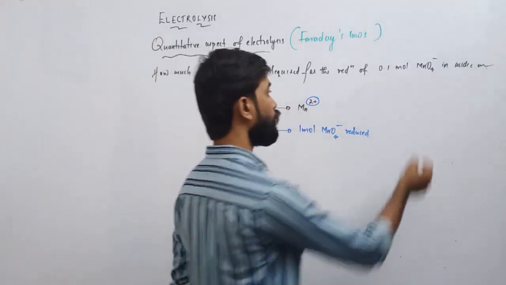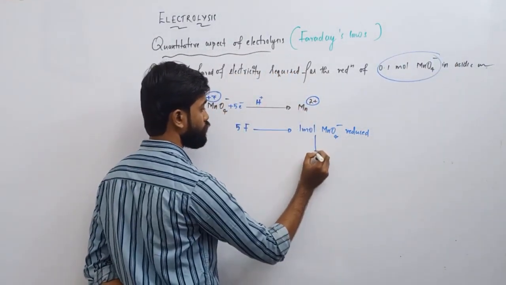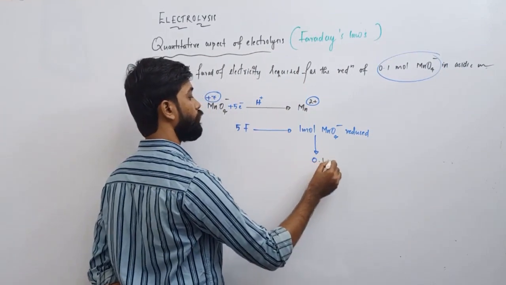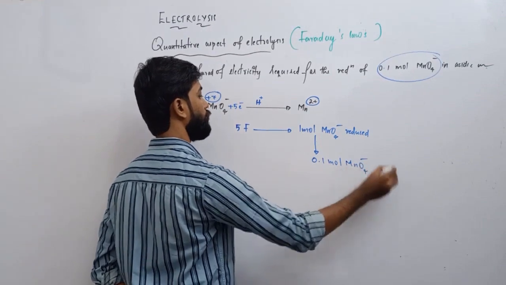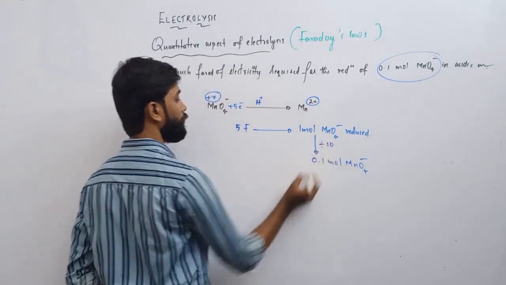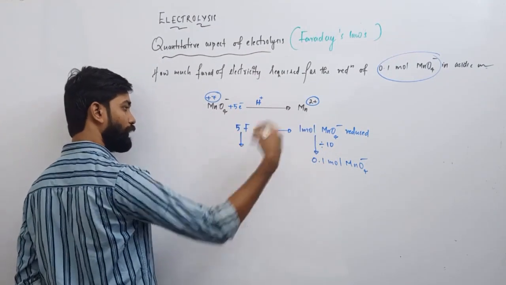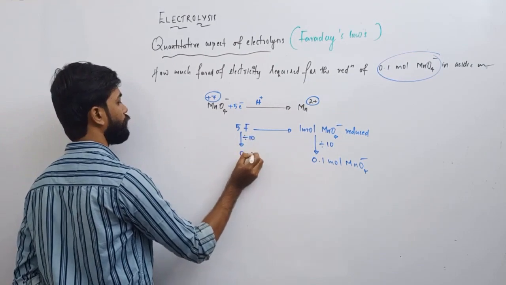But we want to reduce what? 0.1 mole MnO4 minus. So if you want 0.1 mole MnO4 minus for the reduction, you should divide here with 10. Then only your 1 becomes 0.1. So if the RHS is divided by 10, then your LHS is also divided by 10, right?